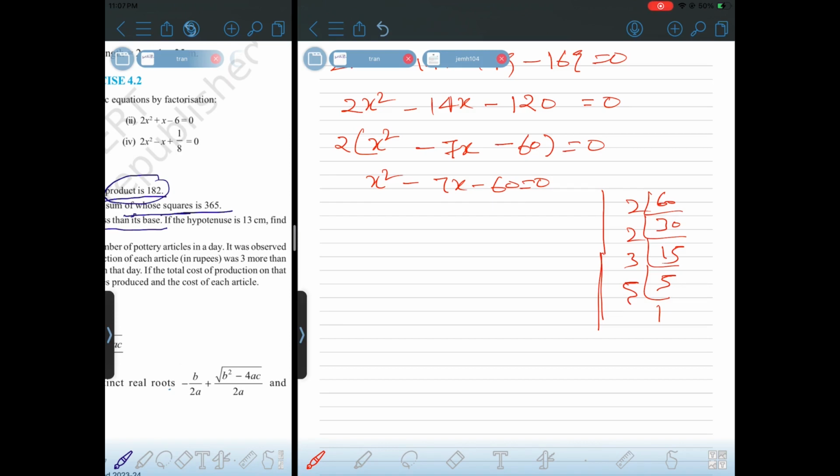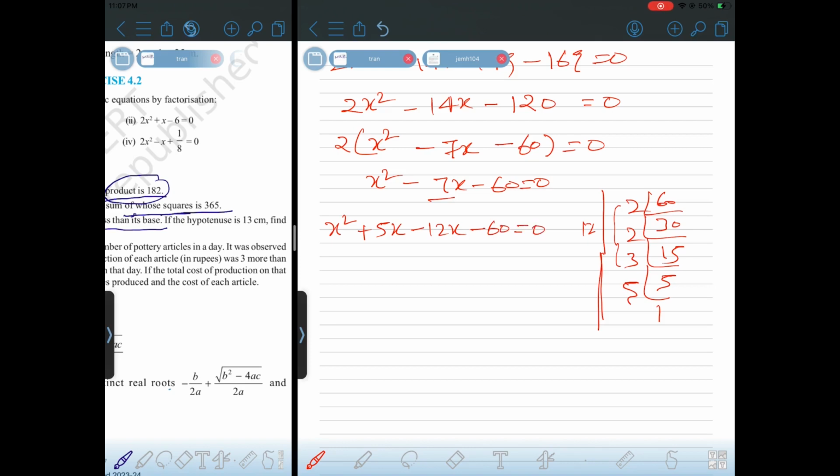So we can do one thing. We need minus 7x, so we can take 12 and 5. It means that we'll write x square plus 5x minus 12x minus 60 is equal to 0.